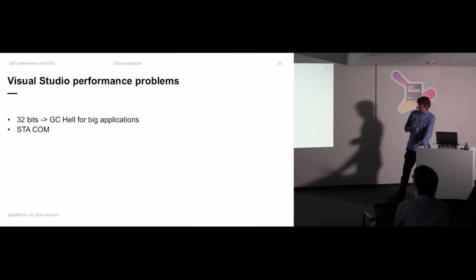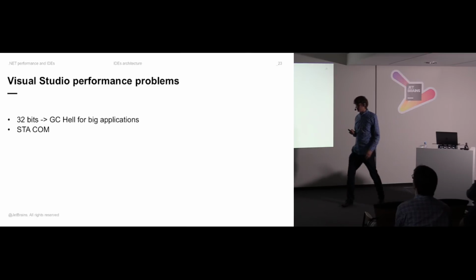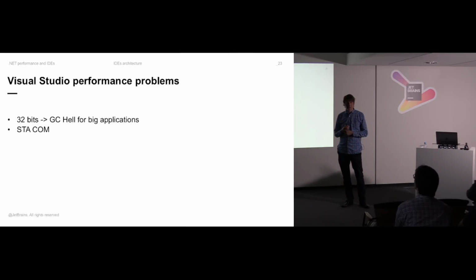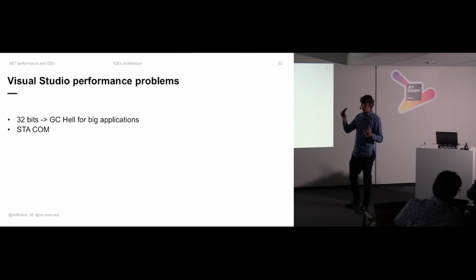Another reason why Visual Studio is sometimes very laggy is because of STA COM. How many of you have heard about COM interfaces, single-thread apartment, multi-thread apartment? Okay. So COM is a legacy, very old technology. You have something written natively, but it's exposed to your managed world via COM interop.